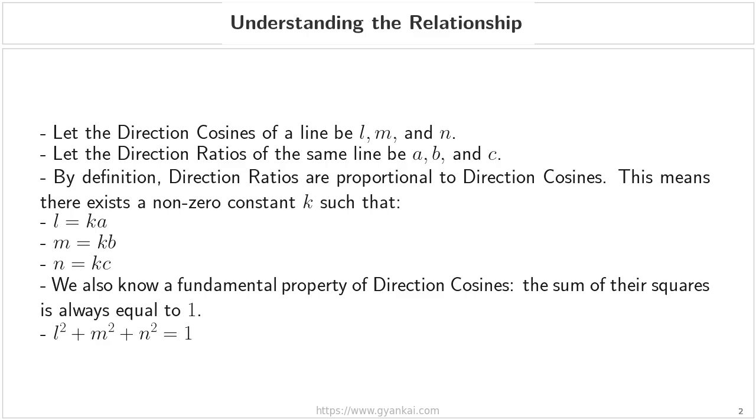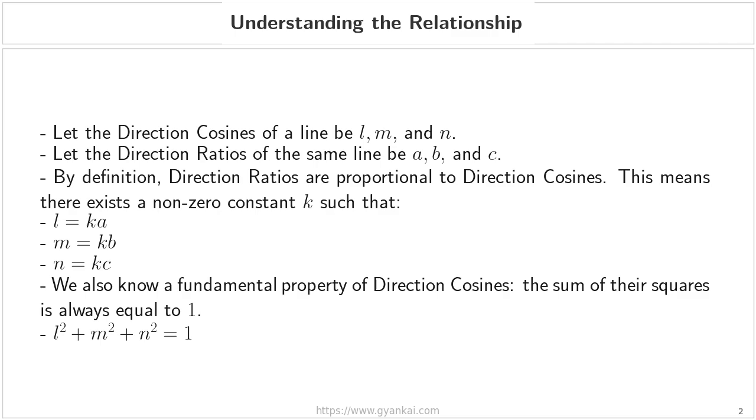Finally, there is one crucial property we must keep in mind as we move into the next slide to derive our formula. We know that the sum of the squares of the direction cosines is always equal to 1. That is, l squared plus m squared plus n squared equals 1. This property is what allows us to actually solve for that constant k in the next step.